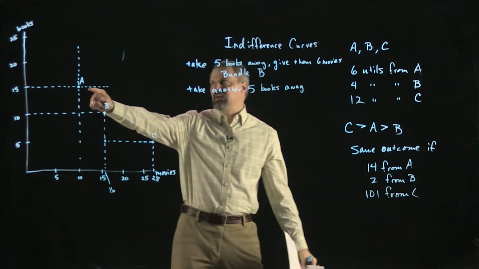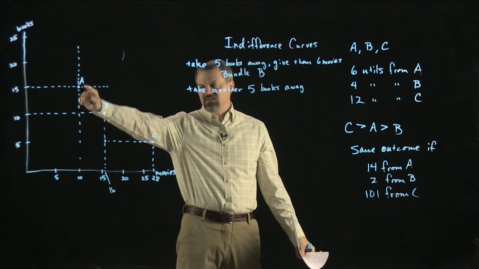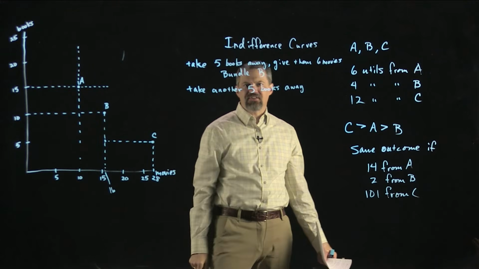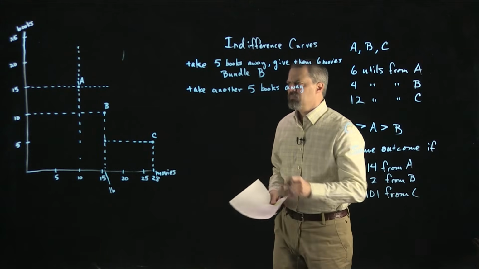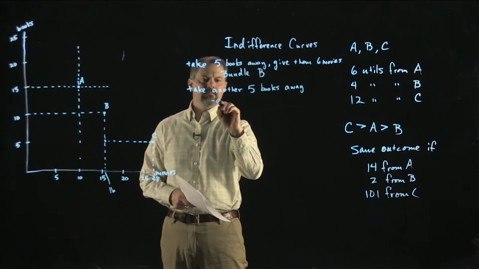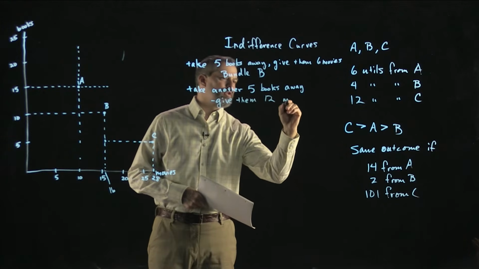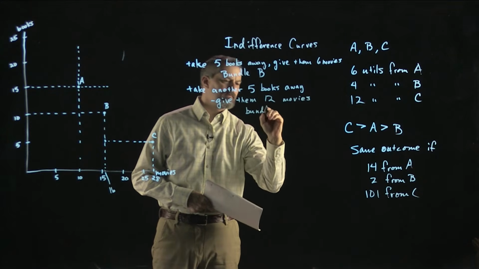And up at A, we've got relatively a lot of books, so they don't value them quite as much as they do when we start taking them away. And out here at C, they value books at the margin highly. So now we have to give them 12 movies, and that takes us to bundle C.